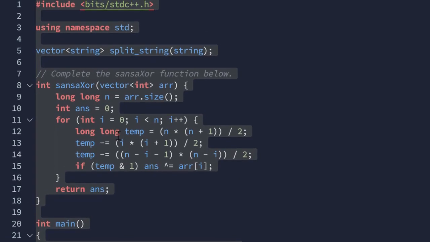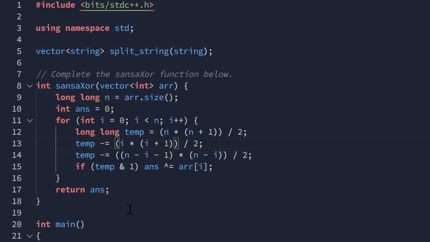It's right here. So we have first of all, and it's gonna be long because remember that it's gonna be at most 10 to the power of 5, and we're computing Gauss sum here until 10 to the power of 5. It's gonna be 10 to the power of 10. That's why I'm using long.